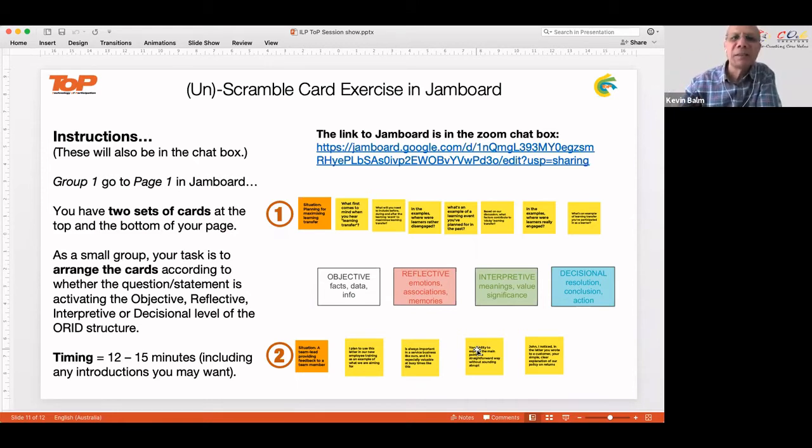Zoom sent us into rooms. Back to you, Kevin. David? David, actually, yeah.